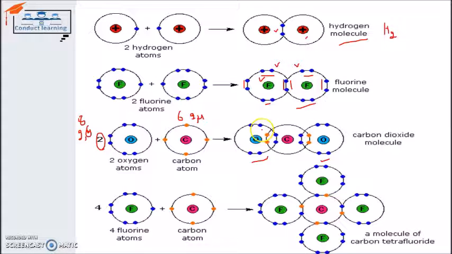Now oxygen becomes stable, 2, 4, 6, 8. The carbon is also stable, 2, 4, 6 and 8, and this oxygen atom is also stable, 2, 4, 6 and 8, and they form CO2, carbon dioxide.